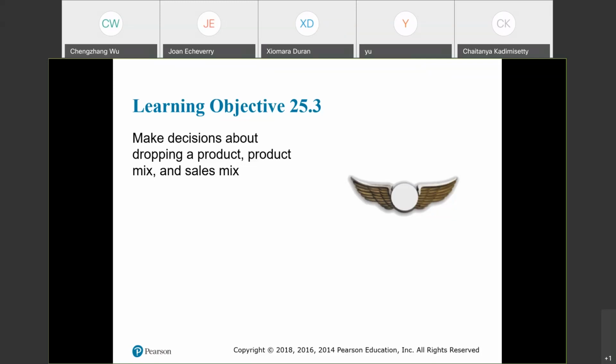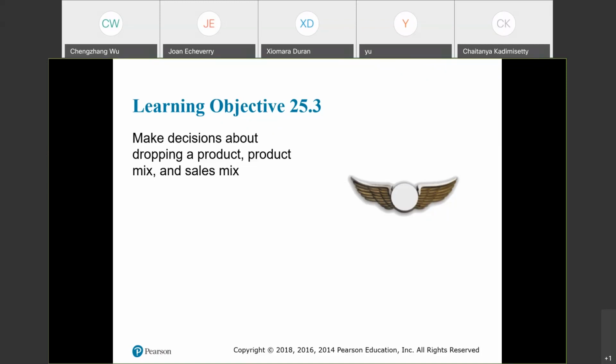If the expected increase in revenue is greater than the expected increase in variable and fixed cost, we accept the order. If the expected increase in revenue is less than the expected increase in the cost, we reject the order.